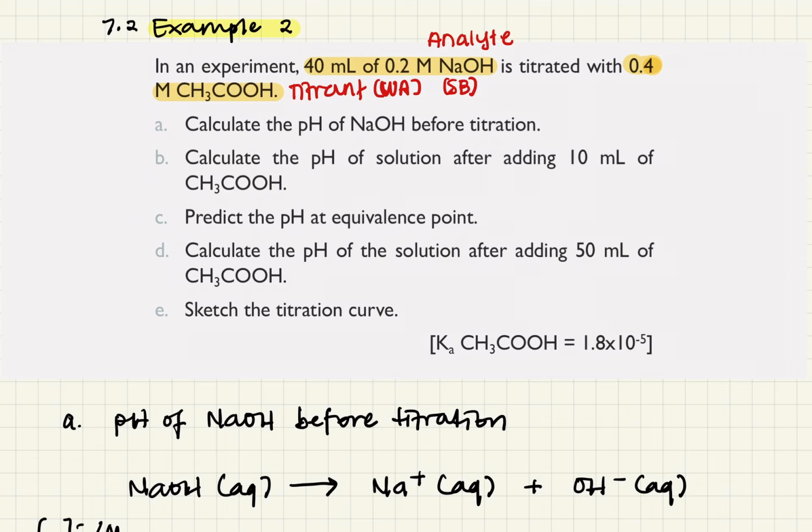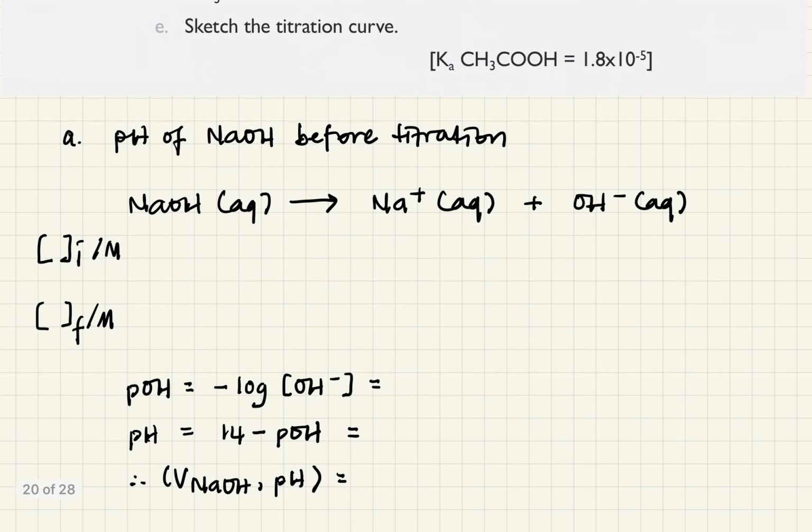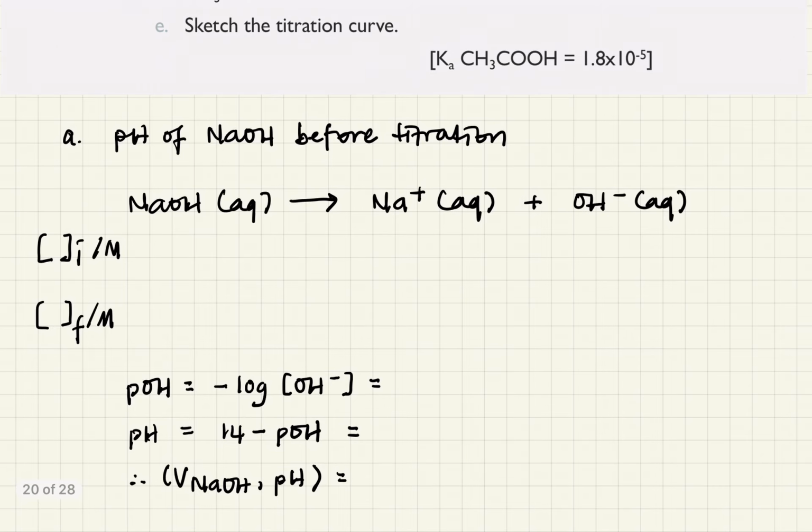So first question, we have to calculate the pH of sodium hydroxide before titration. Why does it ask us to calculate the pH of sodium hydroxide? Because sodium hydroxide is your analyte. Before any acid is added, we're going to find the concentration of sodium hydroxide.